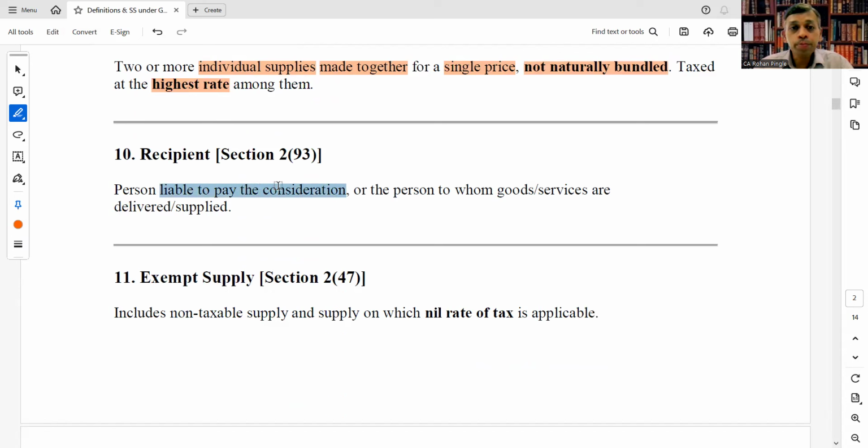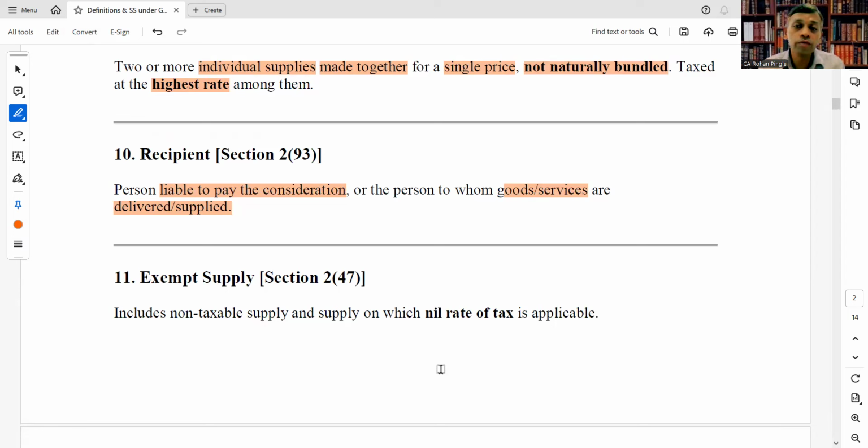Person liable to pay the consideration, or the person to whom goods or services are delivered or supplied is the recipient. Here also 'and' is not used; it is not a cumulative condition, both are separate conditions. If either of the conditions is satisfied, you become the recipient, like being liable to pay the consideration, or being the person to whom goods or services are delivered or supplied.